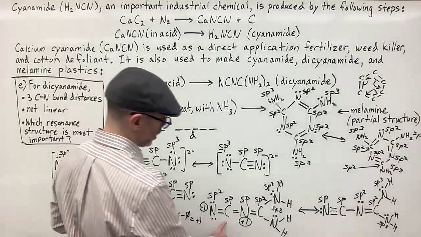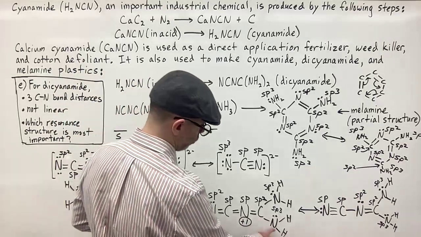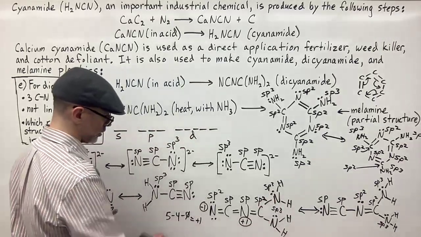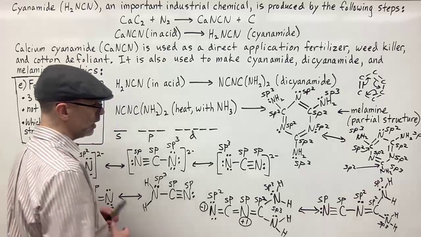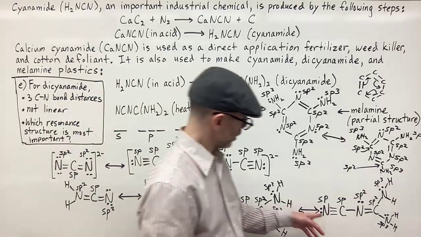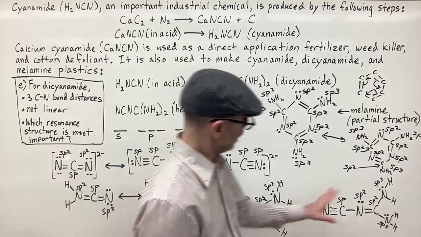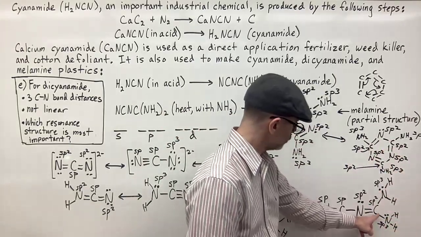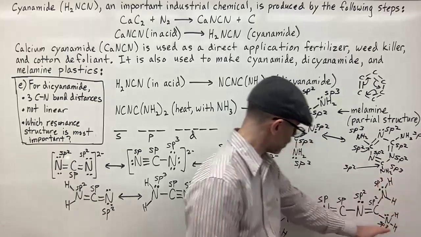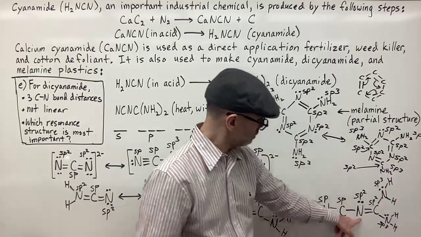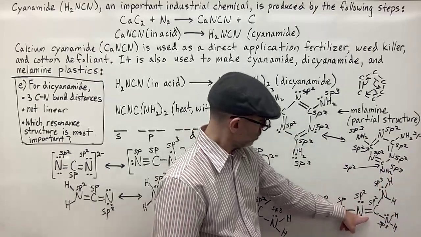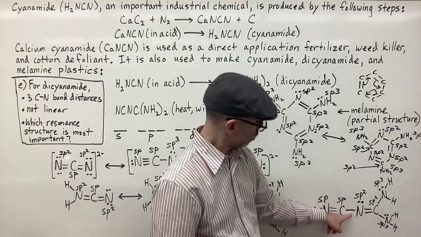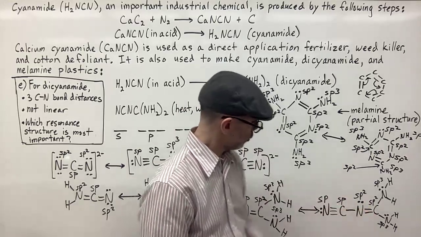And the rest of these are going to be 0 formal charges for the reasons that I said a moment ago. Now let's do the same thing over here. So again, these are exactly the same. So 0 formal charges for the atoms over here. This nitrogen has 1, 2, 3 bonds.